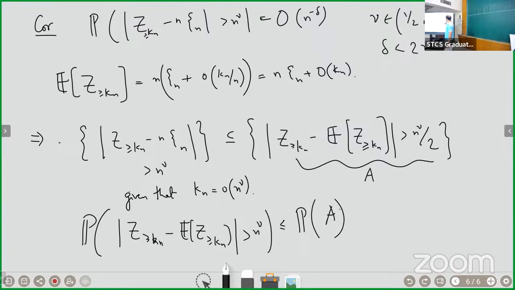Instead of n to the power nu by 2, this is n to the nu. This should always hold; I just increase the quantity on the left hand side. So this always should be 2.